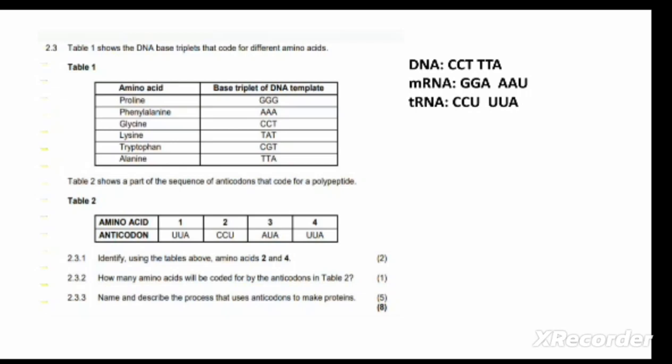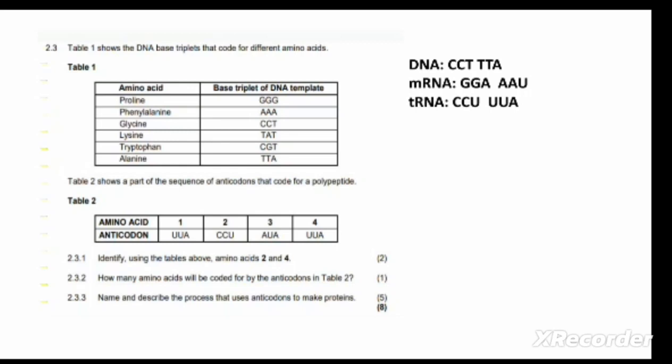So let's answer questions under the topic of DNA, the code of life. The first set of questions says that table 1 shows DNA-based triplets that code for different amino acids. If we look at table 1, they've given us the amino acids. As I always say, you don't have to know those amino acids by heart.